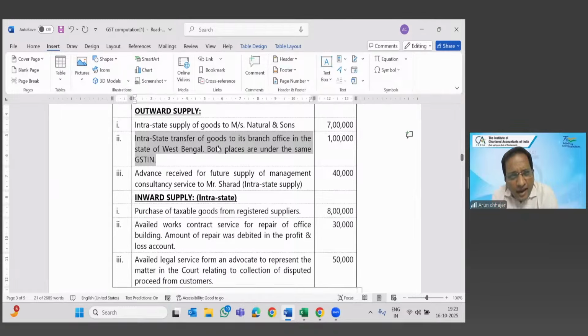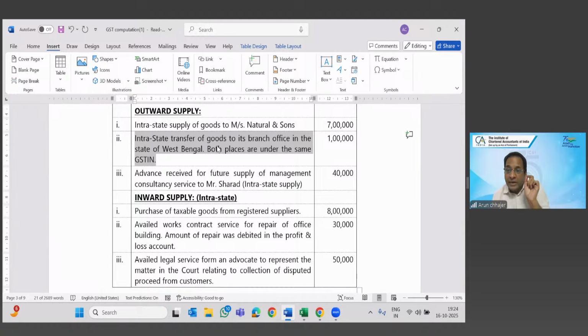The answer is, are they distinct persons? What is the meaning of distinct person in GST? The meaning of distinct person is one PAN, multiple GSTIN.